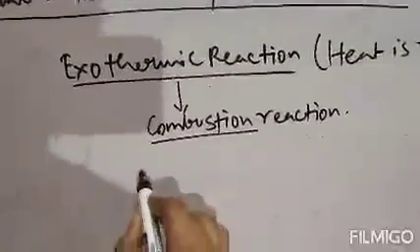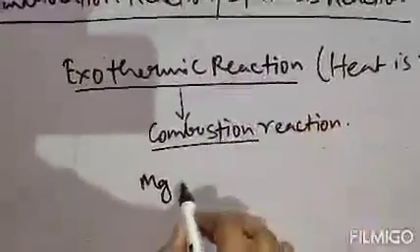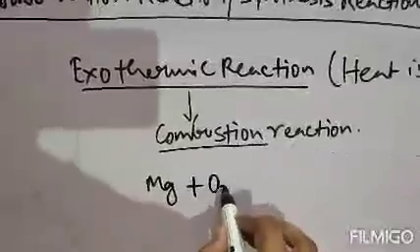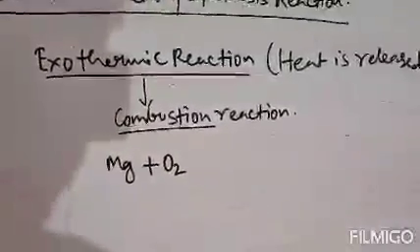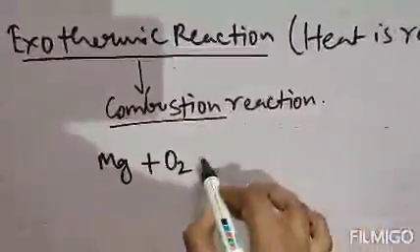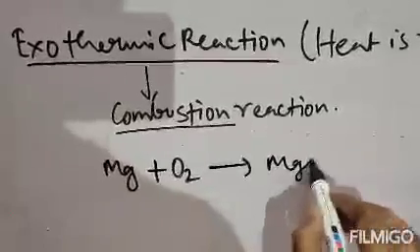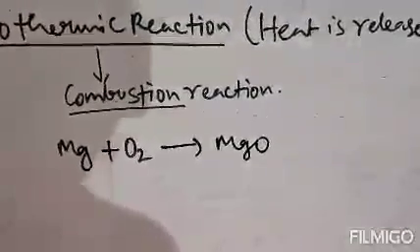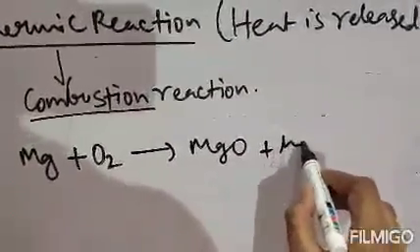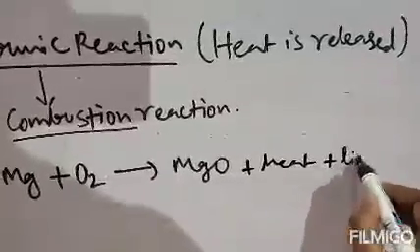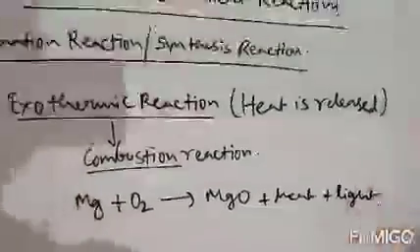Example is like when magnesium ribbon is burned in presence of oxygen, then magnesium will convert into magnesium oxide and heat is released, and sometimes light is also released. Clear?